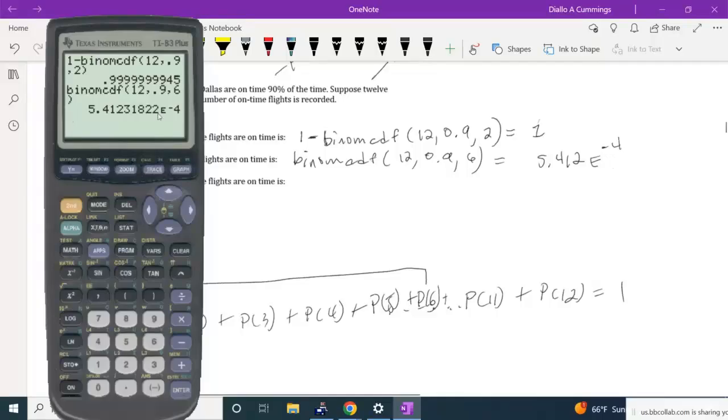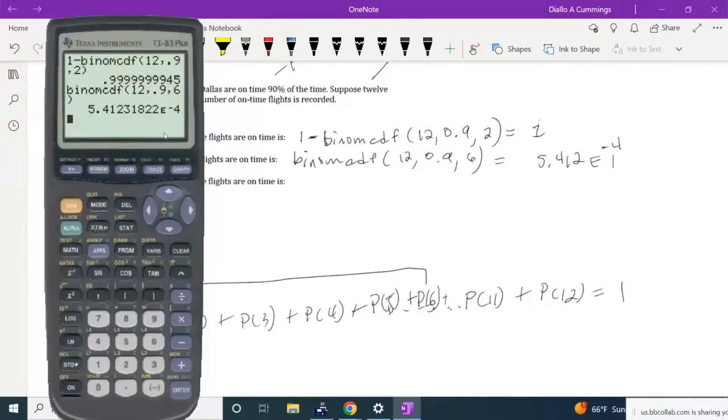This e to the -4 is for if your exponent is negative. That simply means you have to move your decimal, in this case, 4 places to the left, because this is a really small value. If this were an e with a +4, you would move the decimal to the right. But you don't normally see the positive, but you'll definitely see it if it's a really small number.